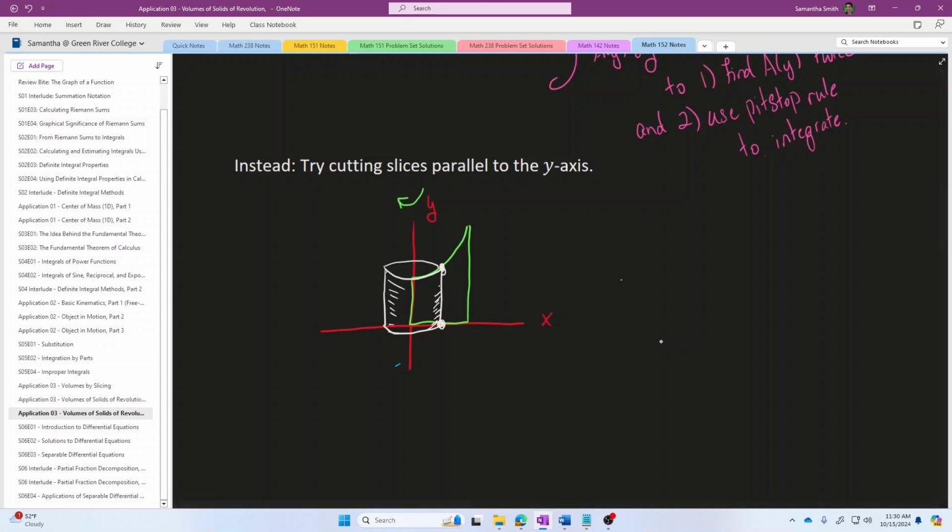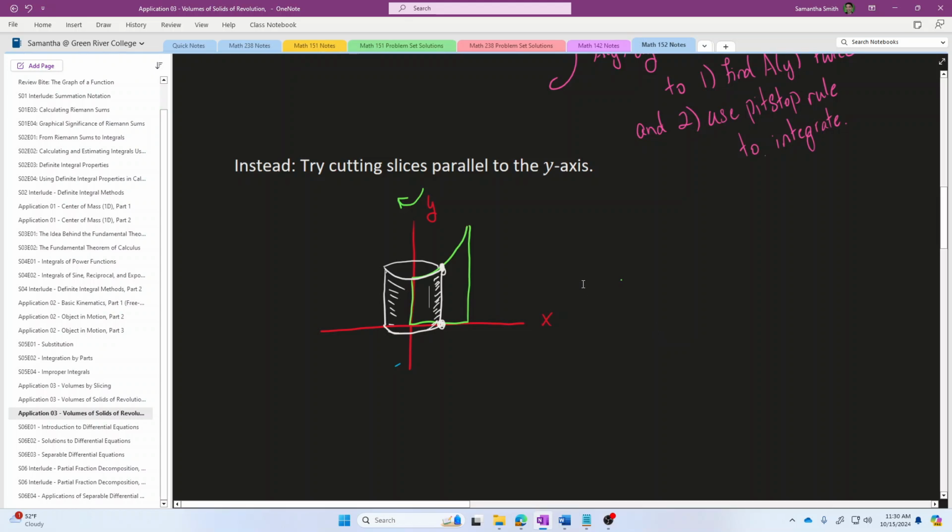Well, if I take a vertical bar like this and spin it around the y-axis, it looks like the sort of geometric shape that's being formed like that is a cylinder.